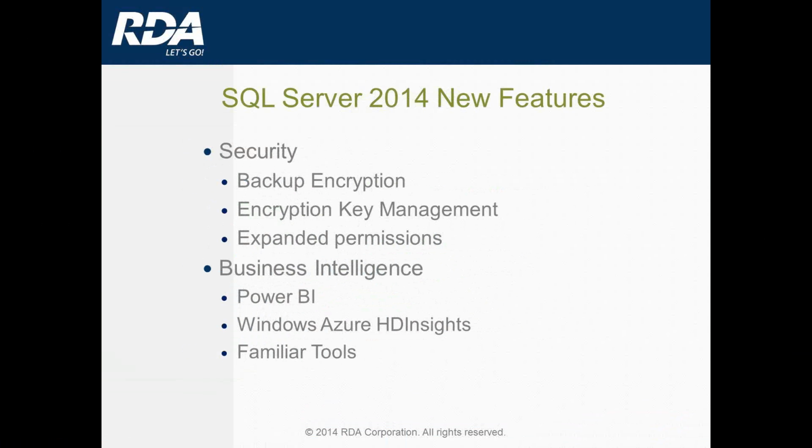There are some expanded permissions from a DBA side that are actually very nice, that include a connect to any database permission, which allows you to grant that permission to a user today. And any databases that you add in the future automatically get that access based upon that grant.